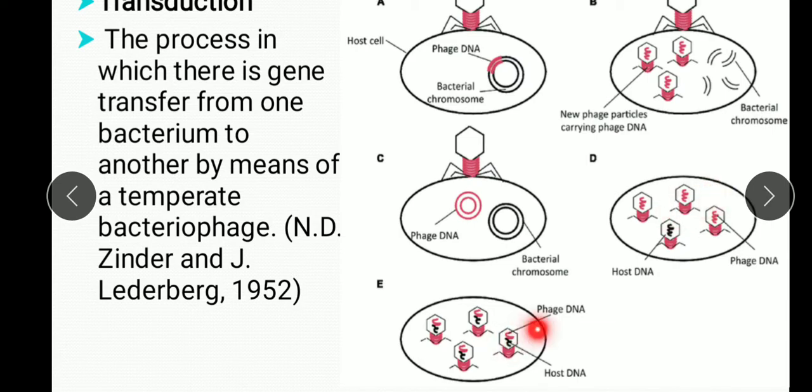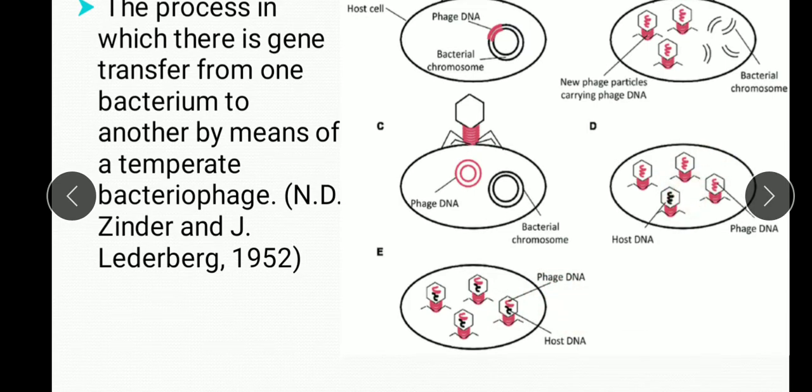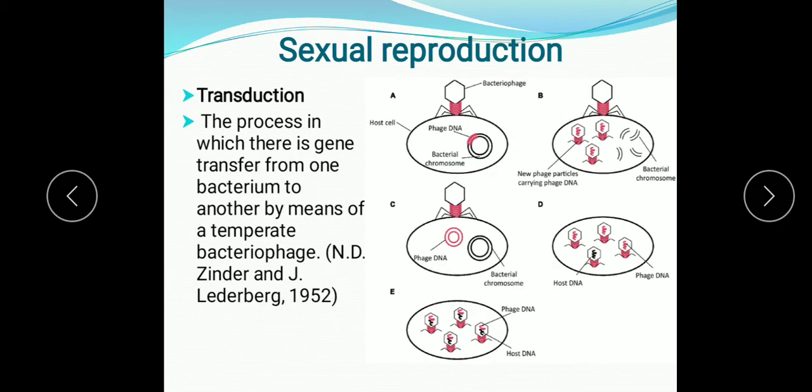Then the phage DNA, when they infect the other bacterium, then this bacterium has the phage DNA also and the host DNA also. So in this manner, this phage particle is used to transfer the DNA of one bacterium into another bacterium. This is the transduction.